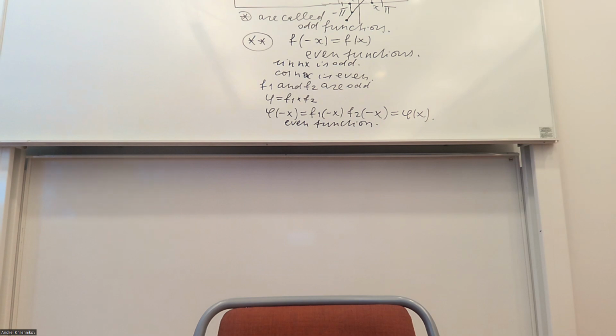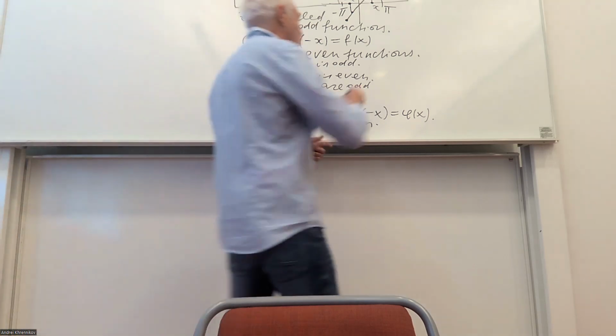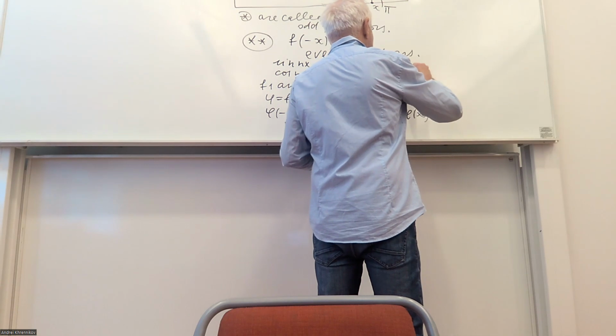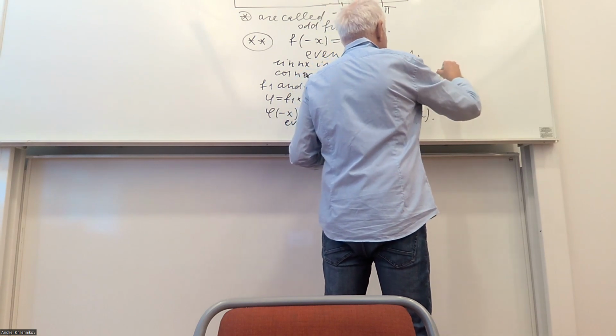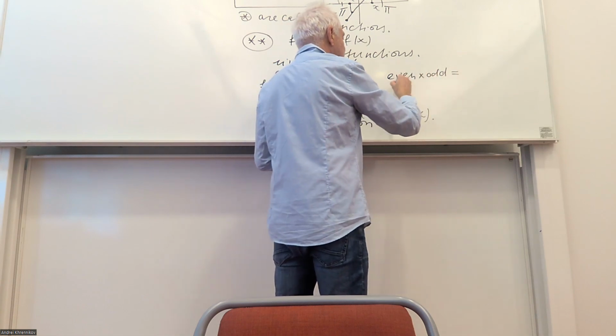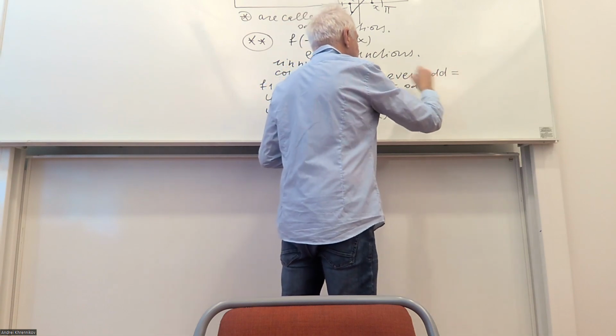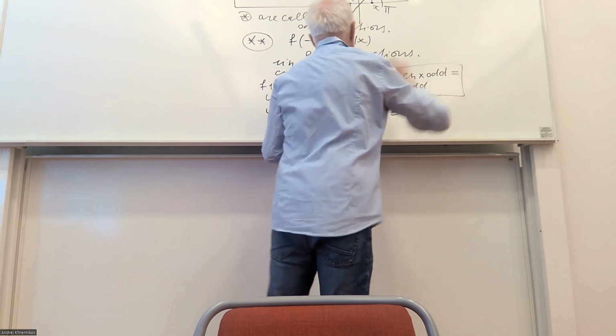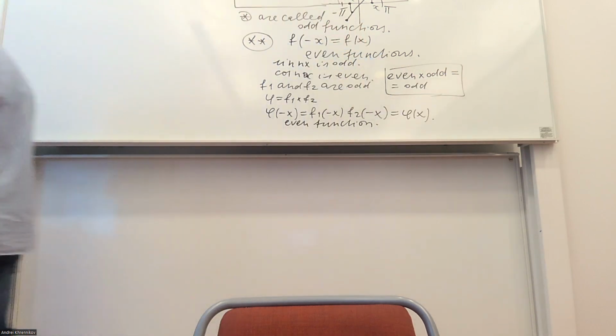If you now multiply an even function by an odd function, it would be an odd function. This does not change sign, this changes, so it is odd. Such properties.